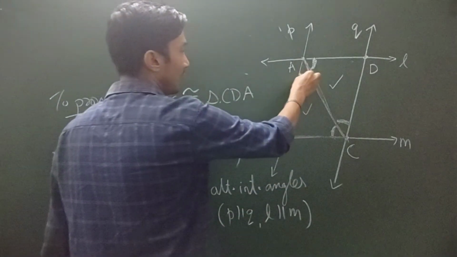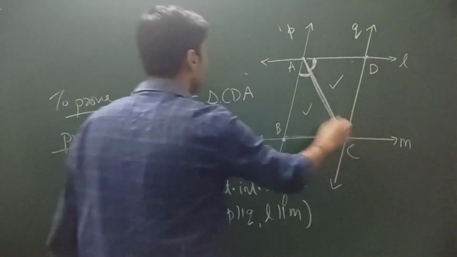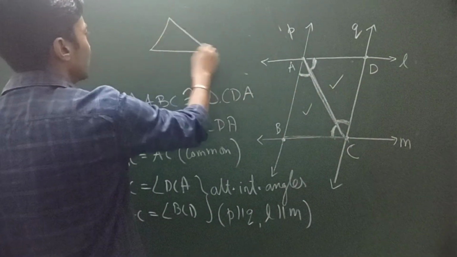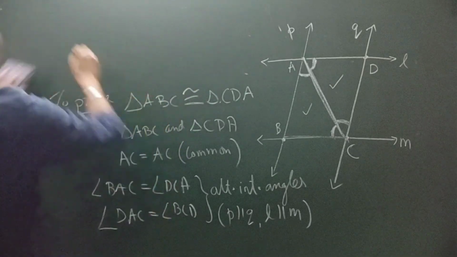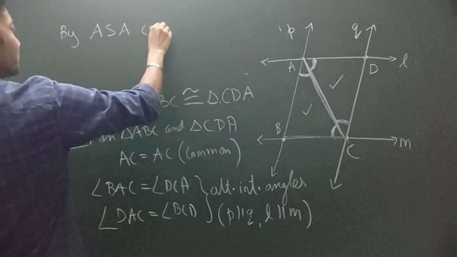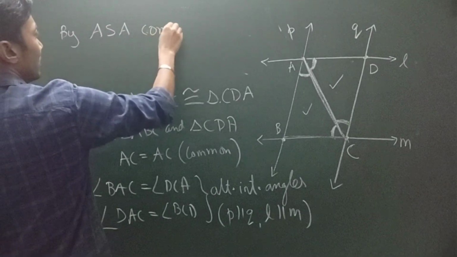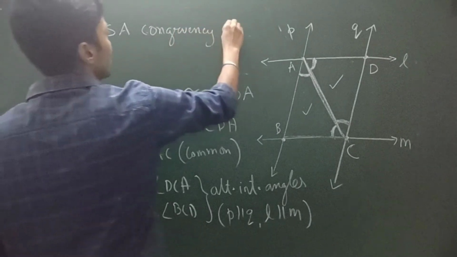So now look here. In these triangles, angle, angle, and the side is involved. So it's something like, what did I say? Angle, angle, side involved. So this will be by angle, side, angle. This time I'll write the congruency criteria.